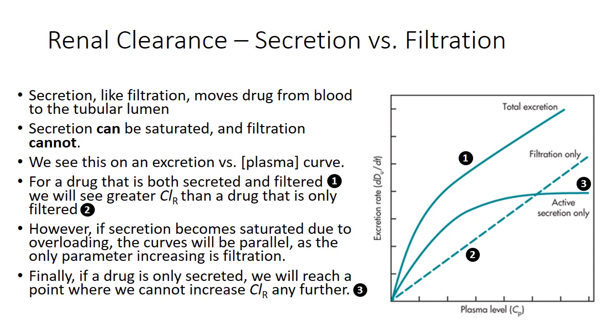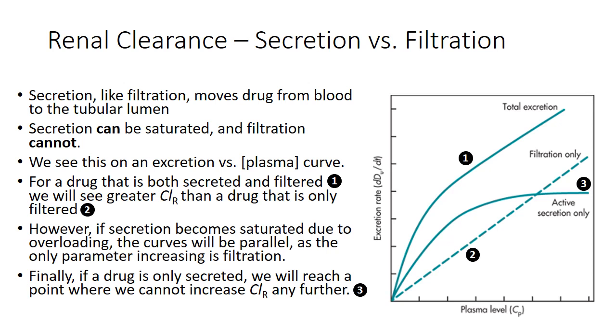So again, this is the plasma concentration, and this is the mass of drug appearing in the urine per unit time. So if you double the plasma concentration and then you double the amount appearing in the urine, and that happens over and over again, the doubling always results in double appearance in the urine, that means you're not saturating anything.